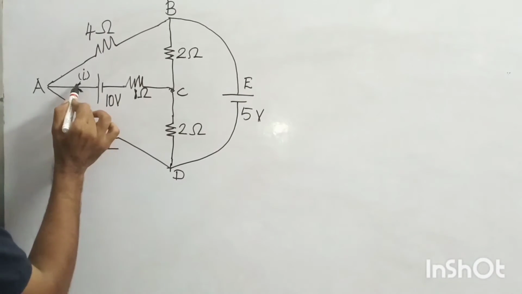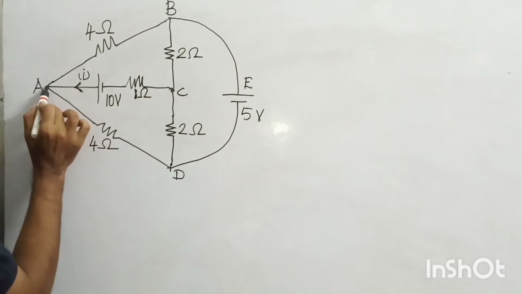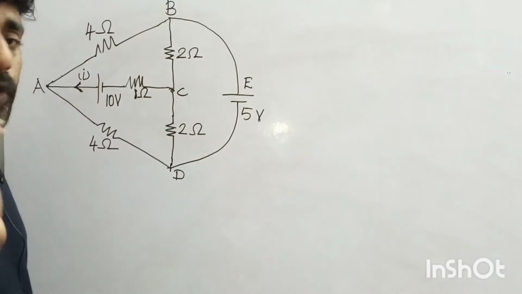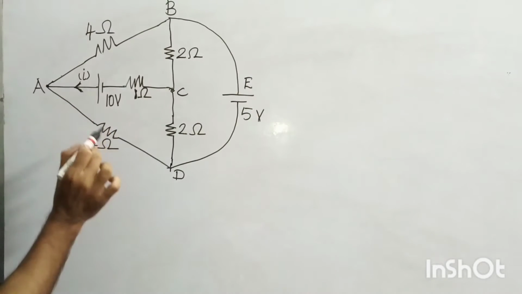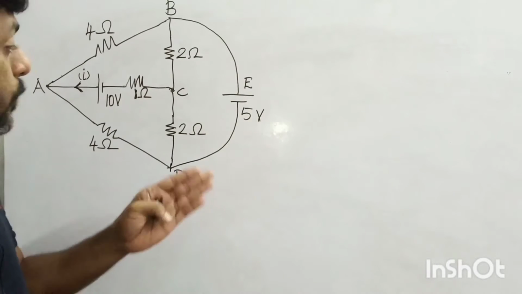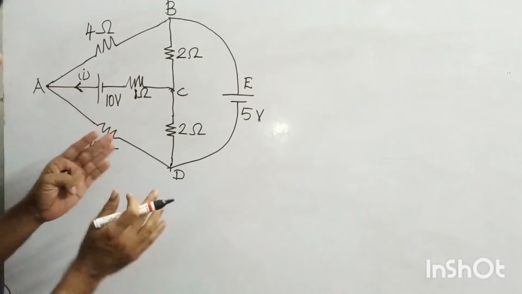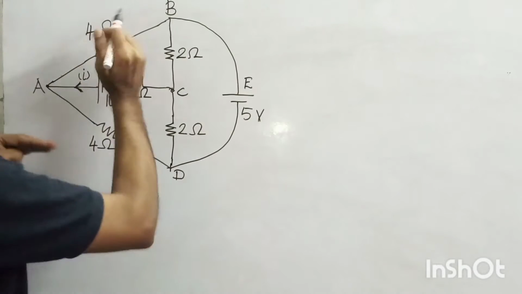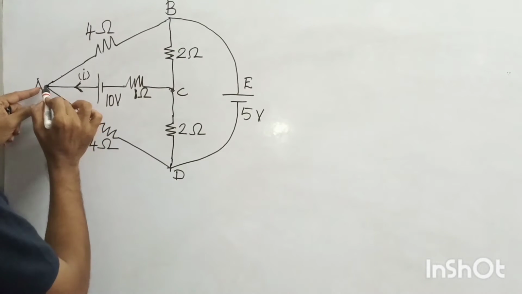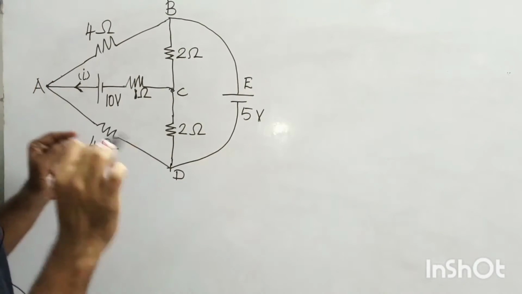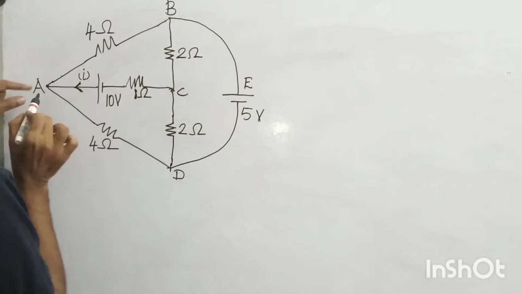So now this current I will go to this junction A. At junction A, the current is going to divide, to bifurcate into two branches. Here at junction A, you have two branches: one is AB, another one is AD.